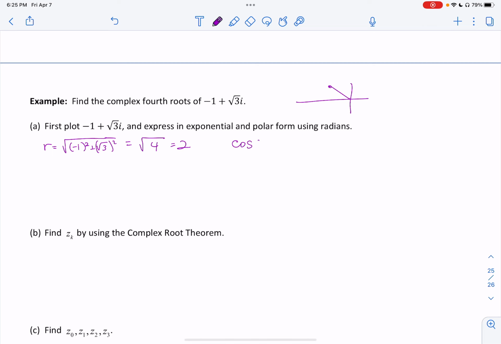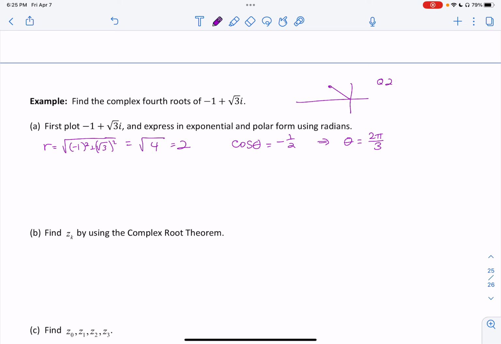Again, cosine theta, I like it just because of the real part and not a square root, is equal to negative 1/2 this time. I know I'm in Q2, so I'm going to want a theta that's in Q2. That means that my inverse cosine I can just use. So theta is equal to 2 pi over 3.